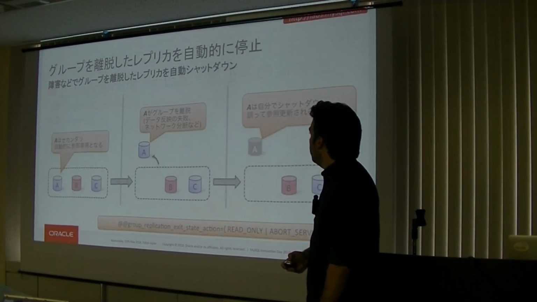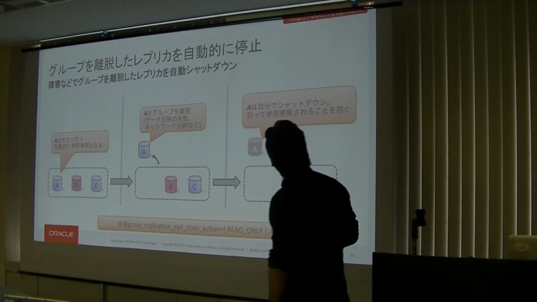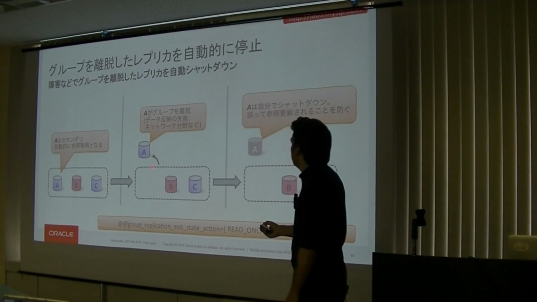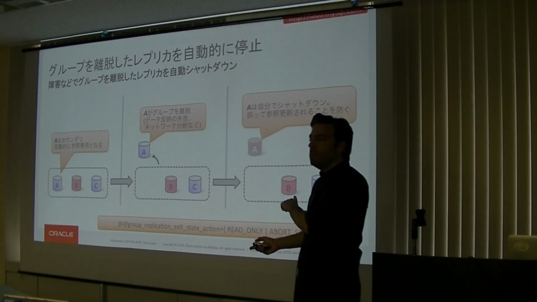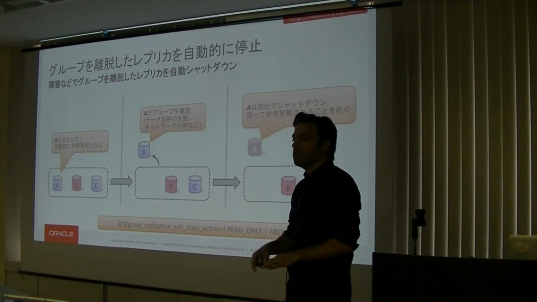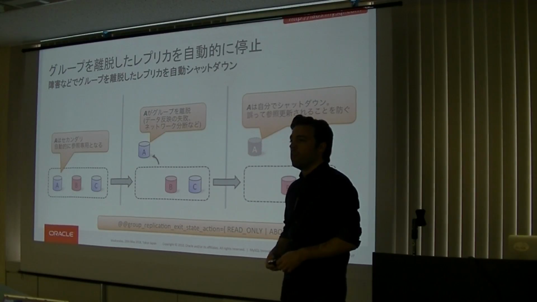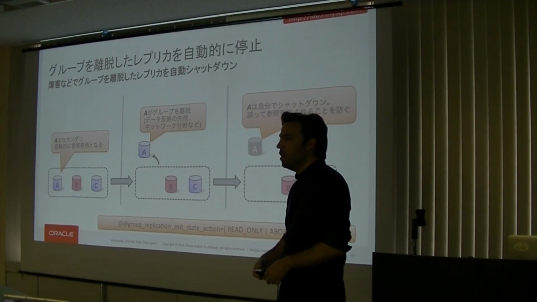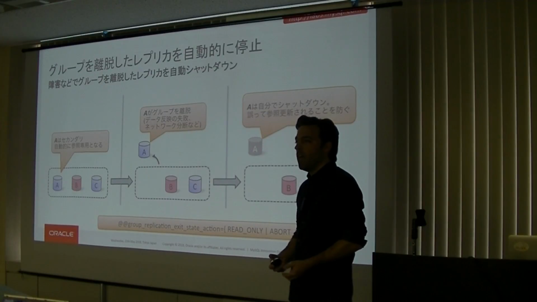So in the labs, we have some features. For instance, I mentioned the feature earlier about when the server is kicked out of the group or you stop it, it sets itself to super read-only. Some people actually want the server to be shot in the head instead.